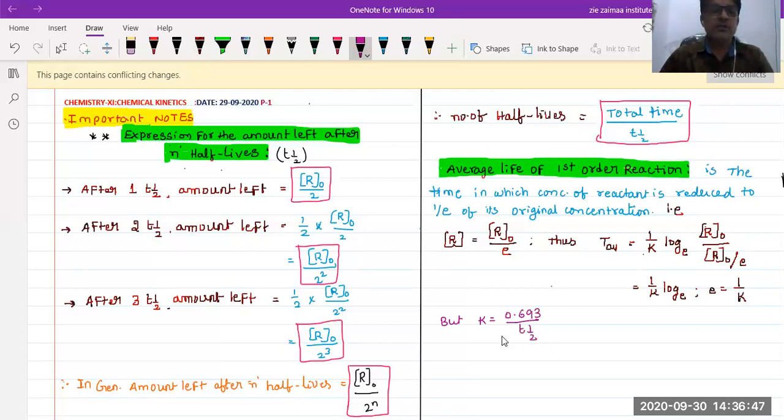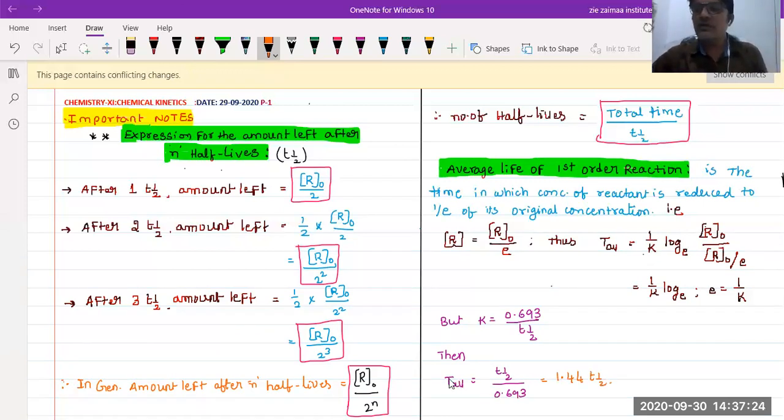Then the average time can be written as T half by 0.693. Approximately we get this value as 1.44 of T half. So that's it, this is the average life of the first order reaction.